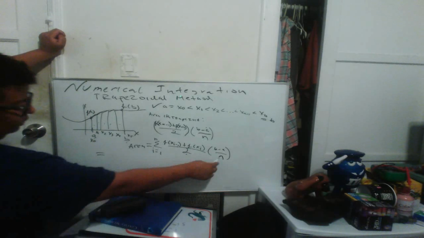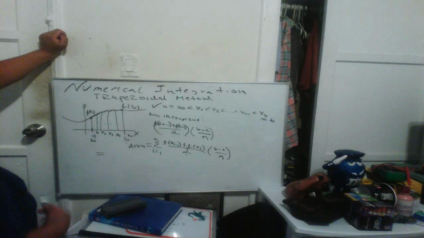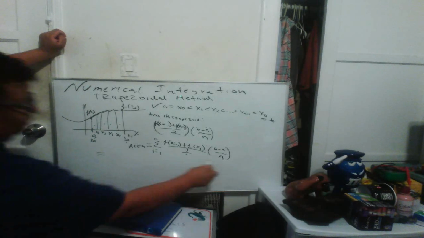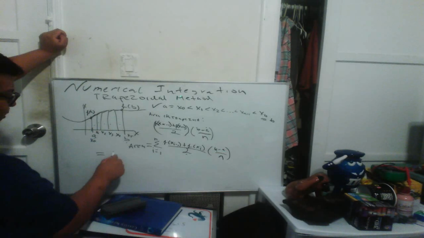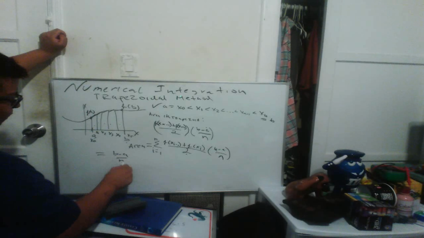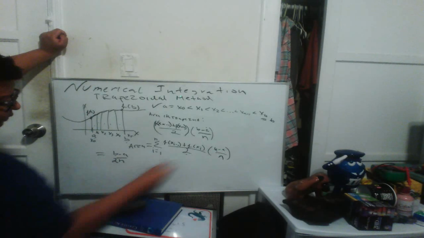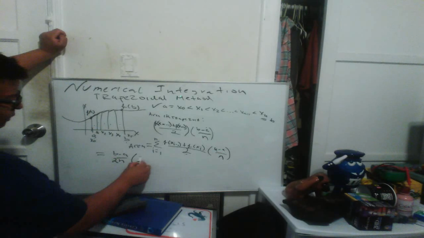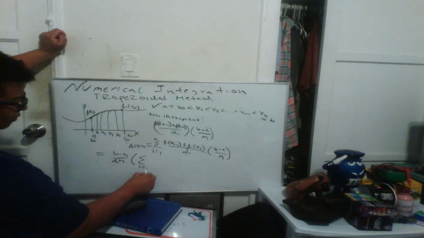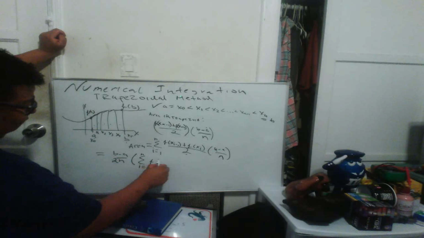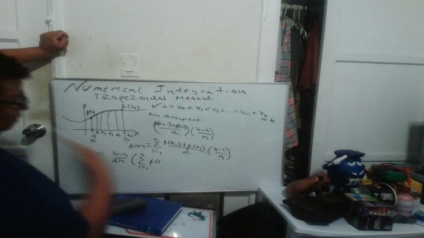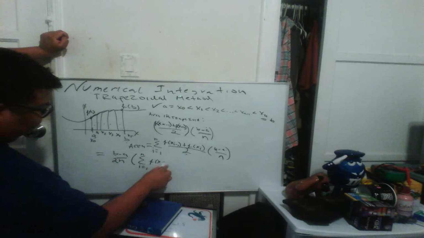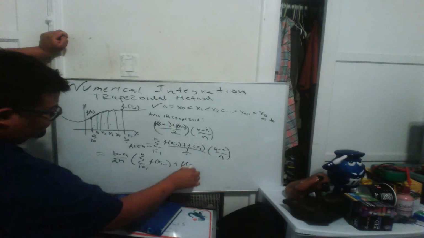So let's combine these two with this n here. Because this is a constant, we can just pull it out of the summation. So we have b minus a over n, and then the 2 from here, multiplied times the summation of i equals 1 to n of f of x i minus 1 plus f of xi.